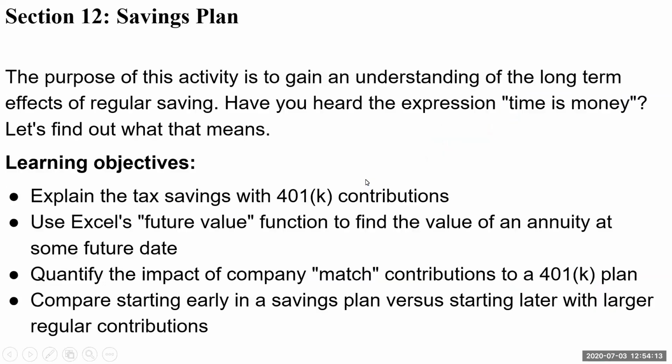Is that okay? Now, the purpose of this activity is to gain an understanding of the long-term effects of regular savings. Have you heard the expression, time is money? And we are going to find out what this really means. Now, we will explain the tax savings with 401k contributions, and then we are also going to introduce another Excel function we call the FV function, or the future value function.